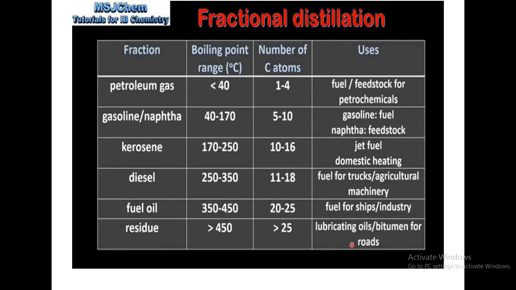Then diesel oil is used for diesel engines, of course, as I told you, the bigger vehicles, buses, lorries, trains. Then lubricating oil, which is also called fuel oil, is used for lubricating machinery, as fuel for ships and industries, and can be used for making waxes and polishes.